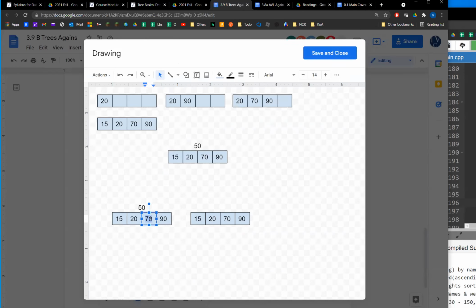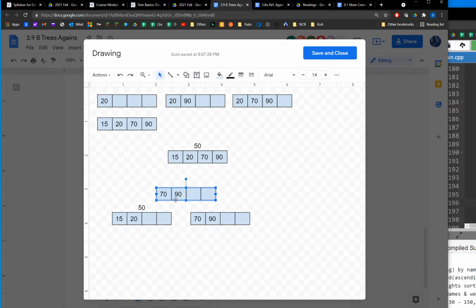Okay. So we're going to keep 2 of the data points to the left and 2 data points to the right. And we have a new root with 50 in it.